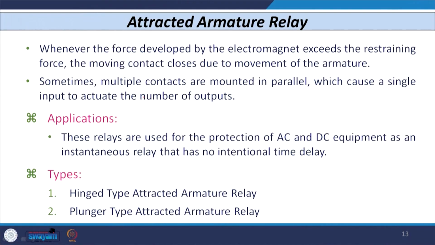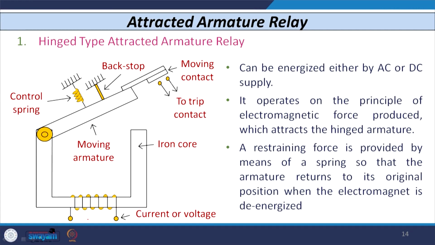Basically, the attracted armature relay is classified in two ways: one is the hinge type armature relay and another is the plunger type armature relay. So, let us consider the working principle and construction of the hinge type armature relay. As you can see in the figure, there is a coil placed on the iron core, and to this coil we give either current or voltage depending upon what type of relay we want.